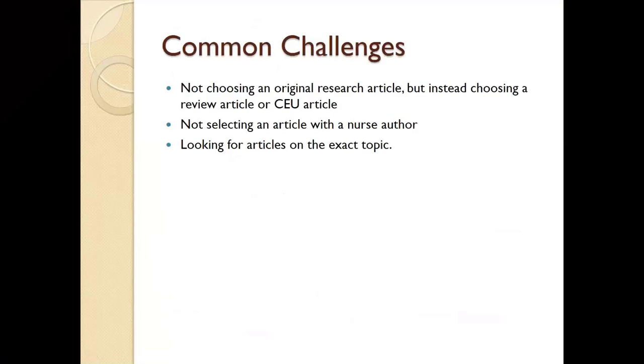Another pitfall students have is that they try to find articles on their exact topic. Because remember, I went through the PICO and I said there's all these different components. And if you try to look for all of them at once, you're probably not going to find anything. You might find 1 or 2 things, but there's a better way to approach it.